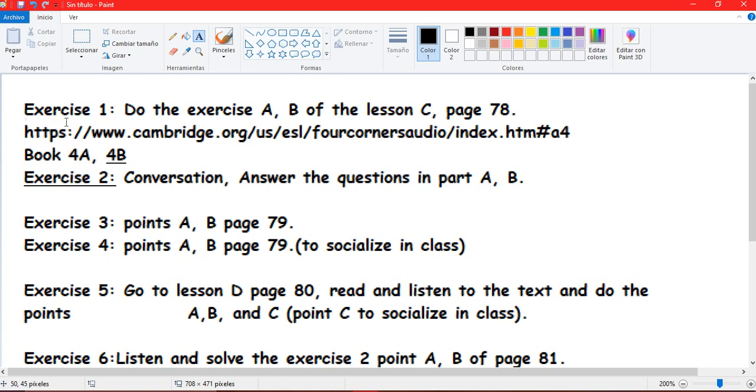This is the audio, remember. Exercise 2, conversation. Answer the questions in part A and B. Exercise 3, points A and B, page 79, and exercise 4, points A and B, page 79. But remember, part 4 is only to socialize in class. It's not to be solved on the notebook or on the book.